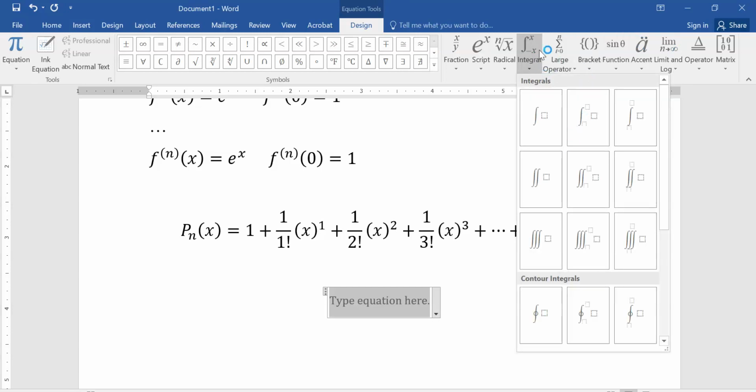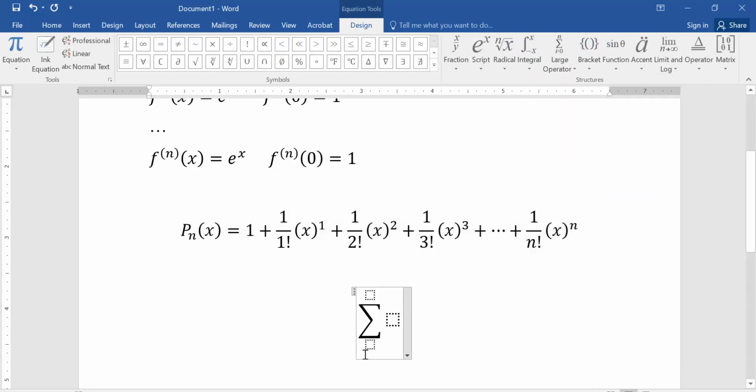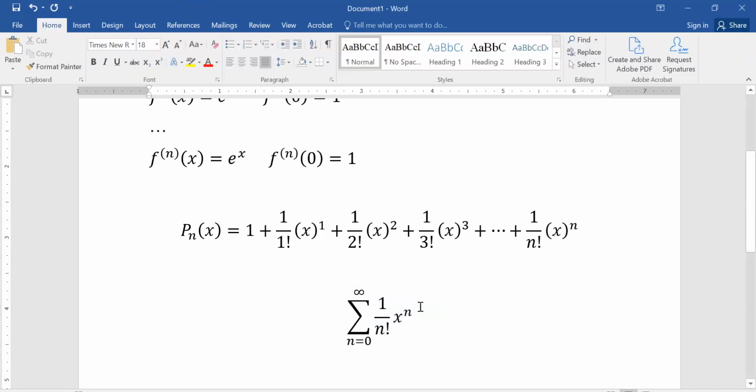Let me pull this sum down. We're going to start at 0, go to infinity, and then it's going to be 1 over n factorial times x minus 0 to the nth power. And so notice that this is a power series.